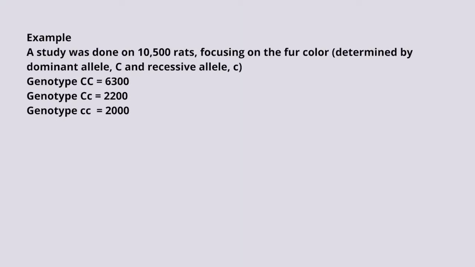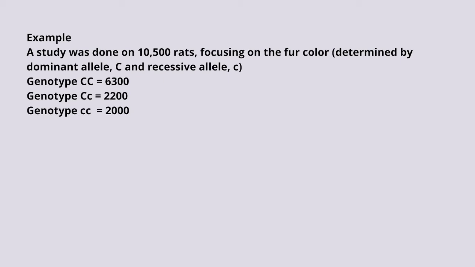For example, a study was done on 10,500 rats, focusing on the fur color determined by dominant allele C and recessive allele c. The number of individuals with the homozygous dominant genotype CC is 6,300.